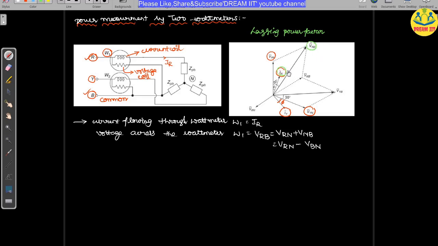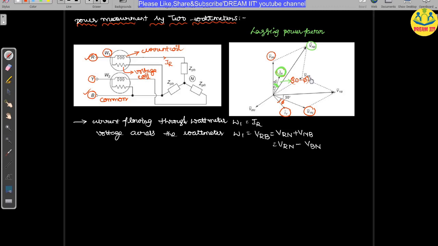If you observe clearly, totally this is 30, and here I want this angle. That angle you can write as 30 minus phi. That is the angle here.